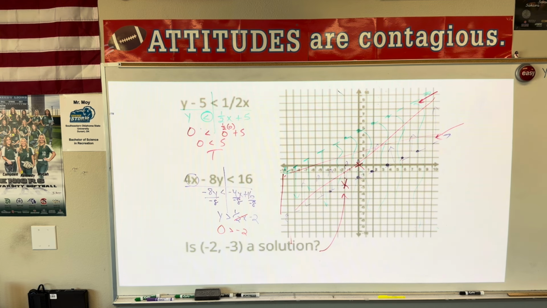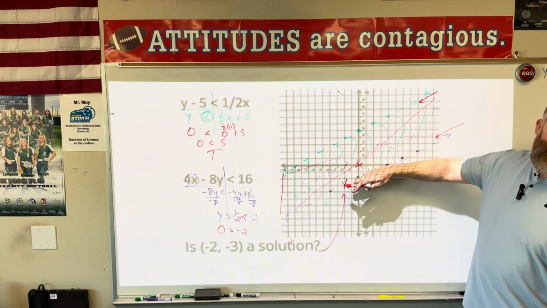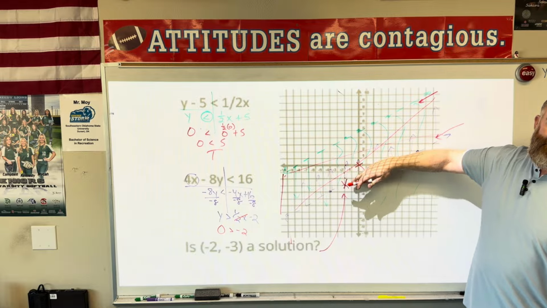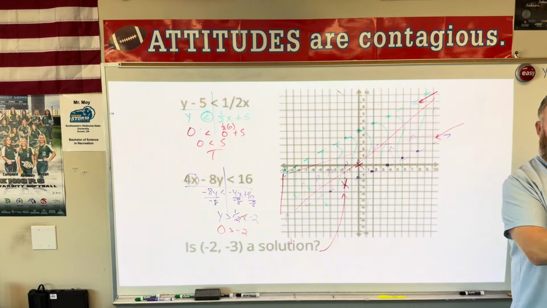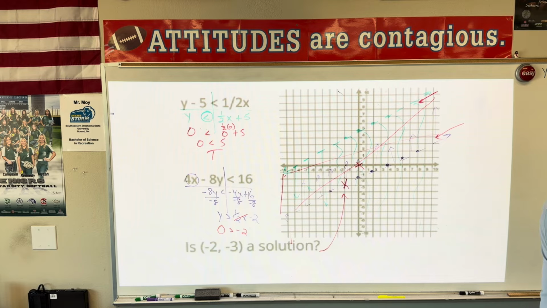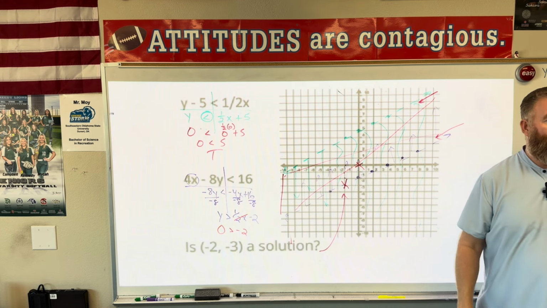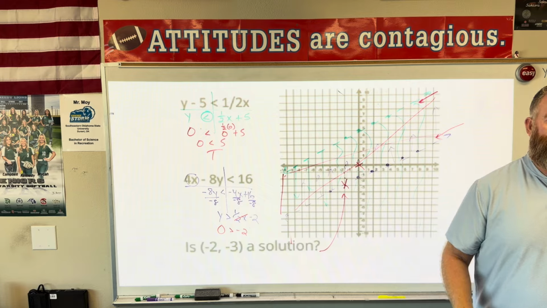If it's on a dashed line, it is not a solution, guys. It's everything from here up, not the part of the line. Kind of like we had open circle, closed circle on the 5. You guys remember that? The 5 is open, but that doesn't make it part of the solution. That's just our starting point. Make sense? If it was a solid line, would it work? Yes, it would.